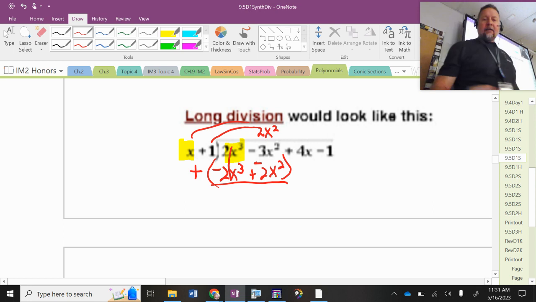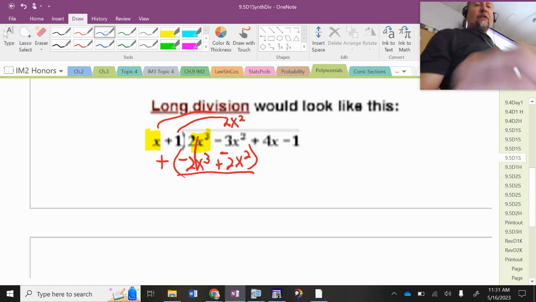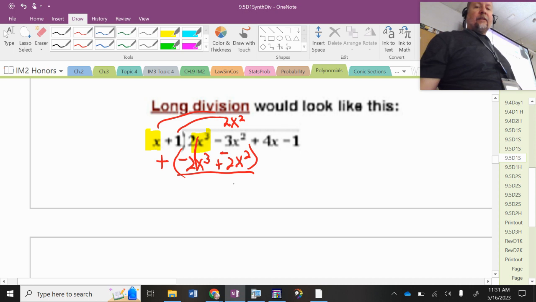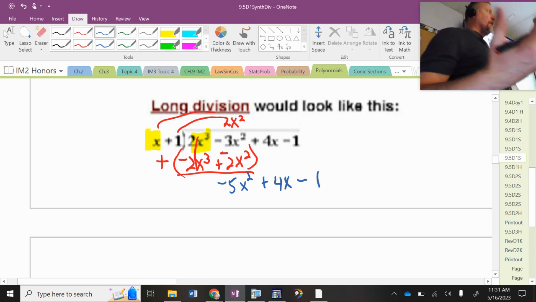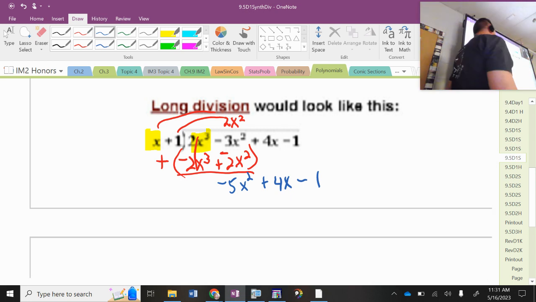Okay, next, Sam. What do I have down here? And I'll change colors for the next step. So go ahead and calculate. And then bring down. And when you get good with this or do this a long time, you don't have to bring the -1 down yet because it doesn't play in the next step, but still we'll bring it down. All right, and then what goes up in the blank?